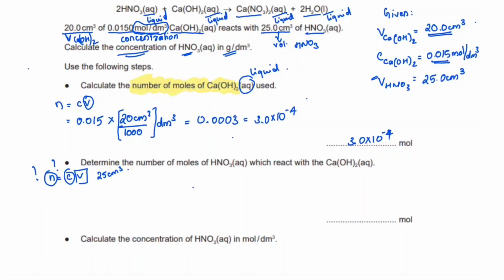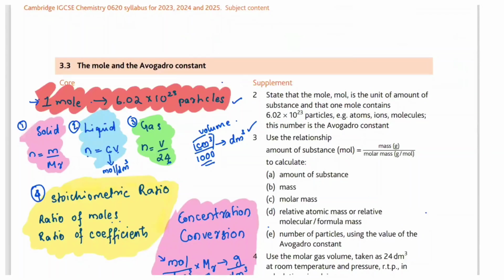Similarly, the concentration is also unknown. When there are two unknowns, we can't solve it with one equation. We at least require two equations, right? So this equation can't be used because we don't know the concentration to calculate the number of moles. So we will be using the stoichiometric ratio method. According to this method, we take the ratio between the moles and the coefficients.